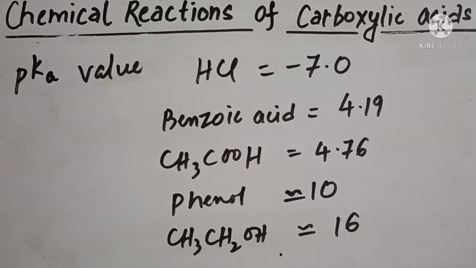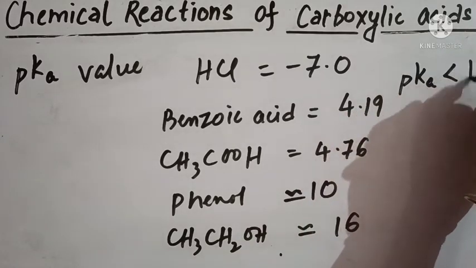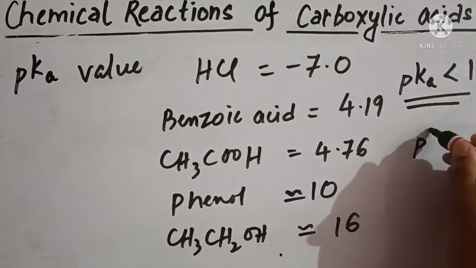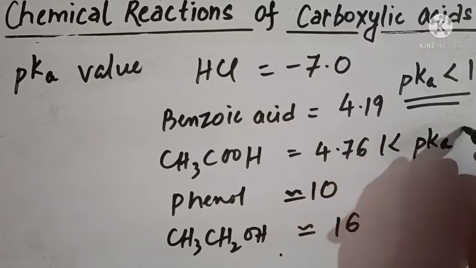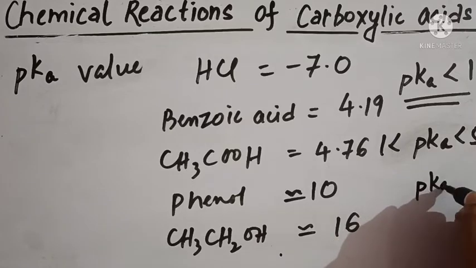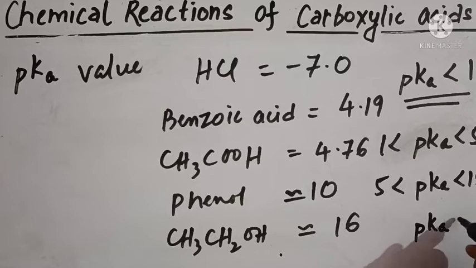So if we observe these values, acids having a pKa value less than 1 are considered strong acids, a pKa value between 1 to 5 are moderately strong acids, between 5 to 15 are quite weakly acidic in nature, and greater than 15 are very weak acids.